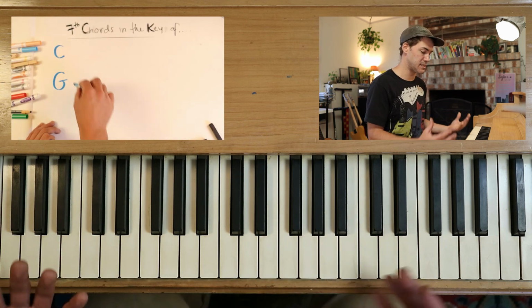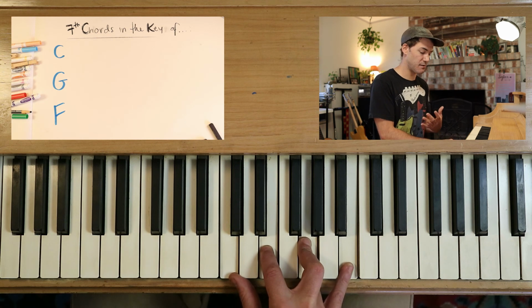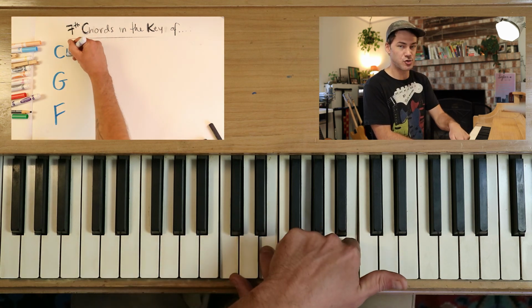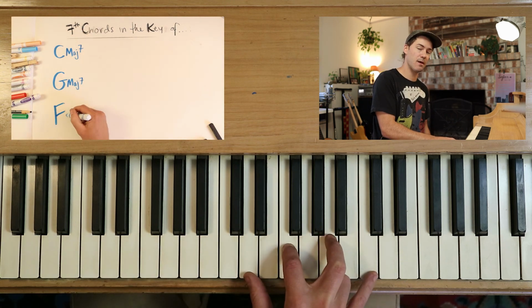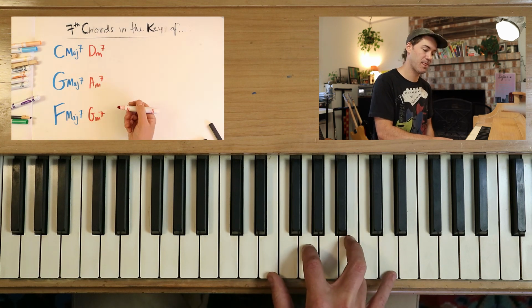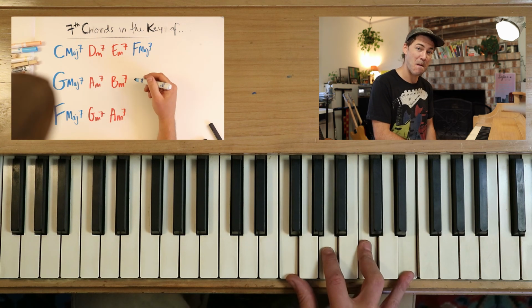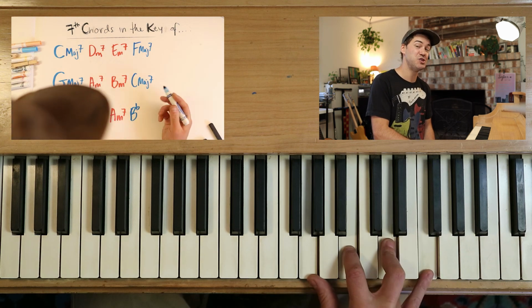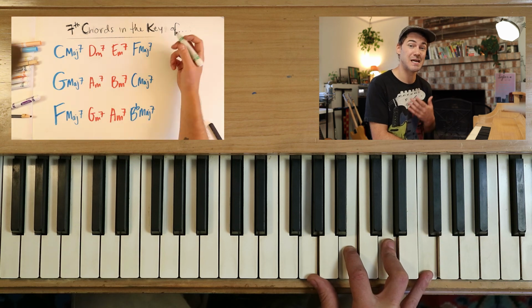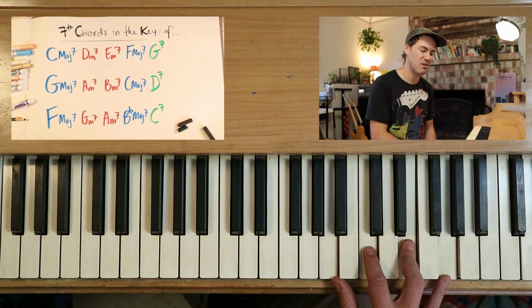To me, this is the easiest to illustrate. So we start with the key of C. We have a C major 7th. As we walk that up, we get a D minor 7th, an E minor 7th, F major 7th, G7 or G dominant 7th, A minor 7th.